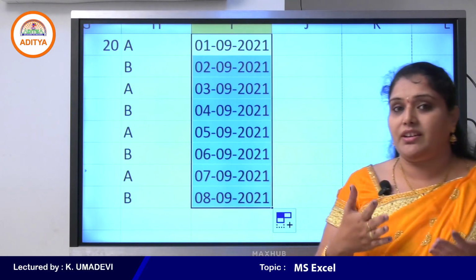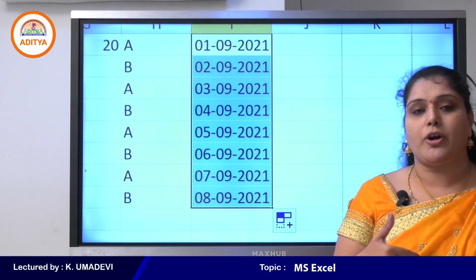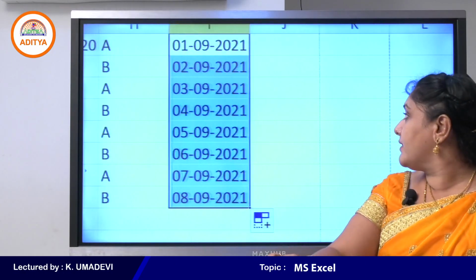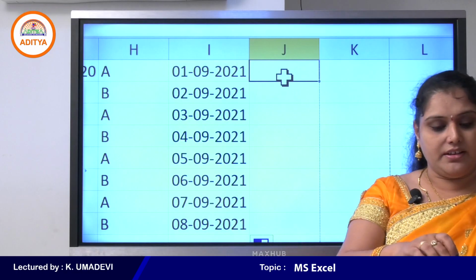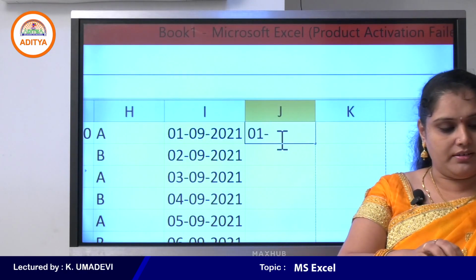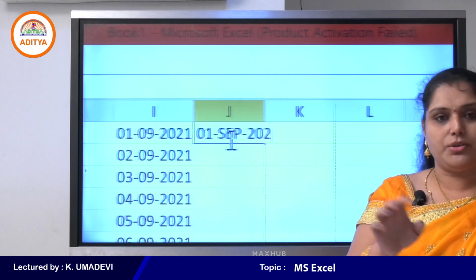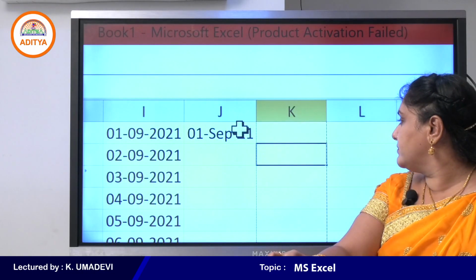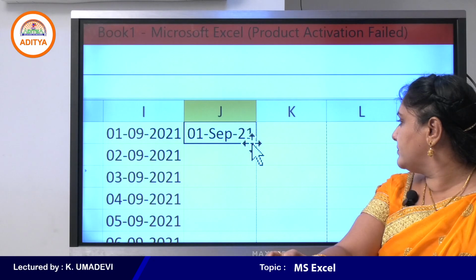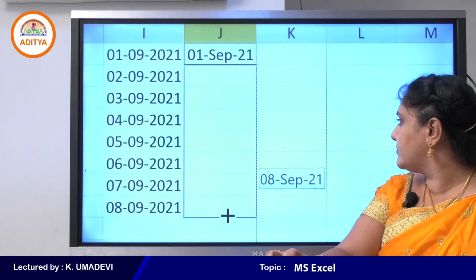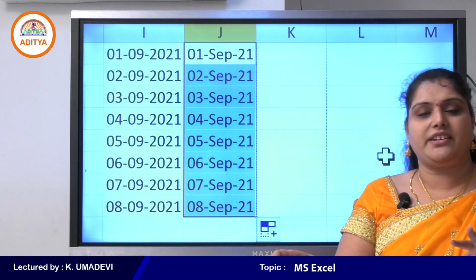So like this we can autofill the date format, or else you can enter 01 September 2021. So this is another date format.